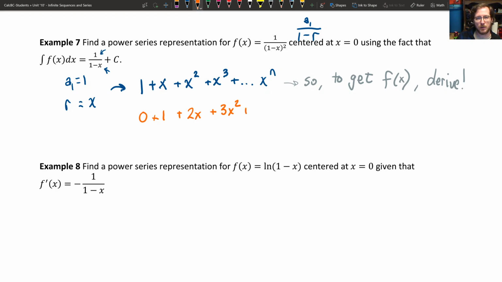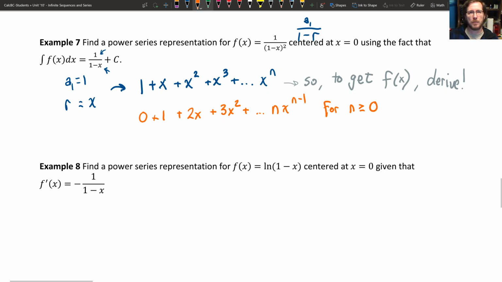3x squared, and so on and so forth. The derivative of this would just be n times x to the n minus 1 for our rule there. So this will work for values of n at least 0. And this will be fine, but typically we don't leave a series with a 0 term in it.